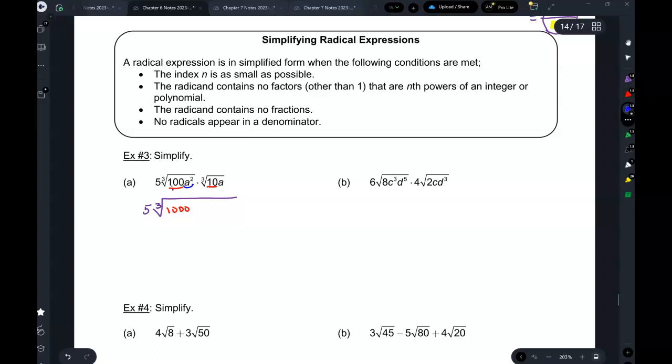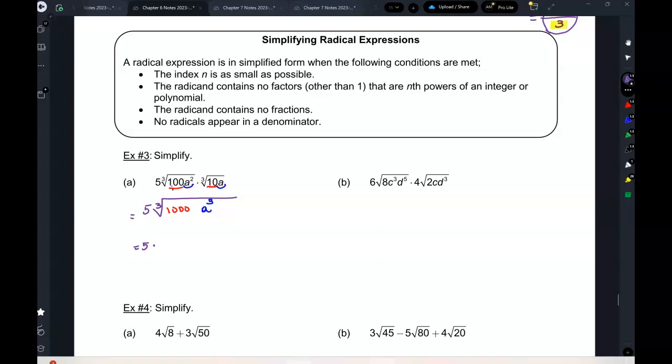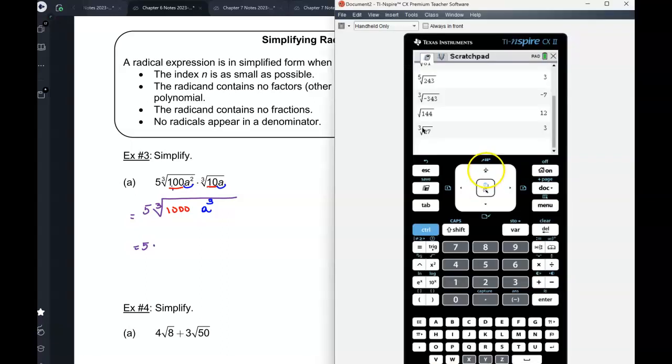A squared times a is a cubed. Now this is 5 times the cube root of 1,000, which is 10. But again, if that is not something that is immediately clear to you, just plug it in.